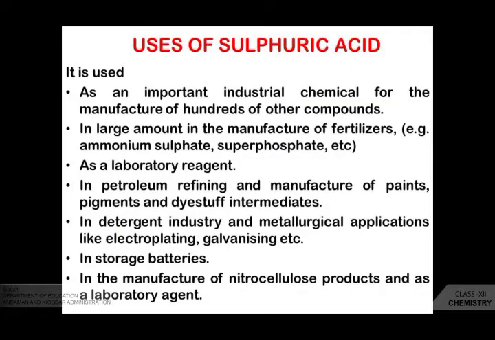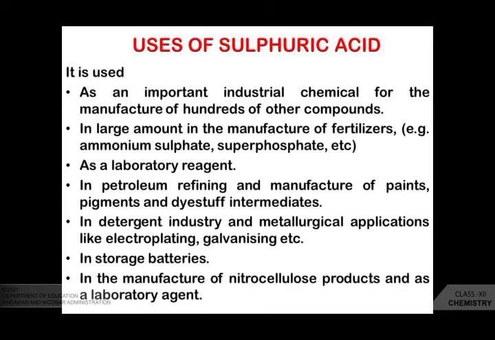This is the slide, children, on the uses of sulfuric acid. It is used as an important industrial chemical for the manufacture of hundreds of other compounds. Sulfuric acid in large amounts is used in the manufacture of fertilizers, for example ammonium sulfate, superphosphate, etc. It is used as a laboratory reagent. It is used in petroleum refining and the manufacture of paints, pigments and dye-stuff intermediates.